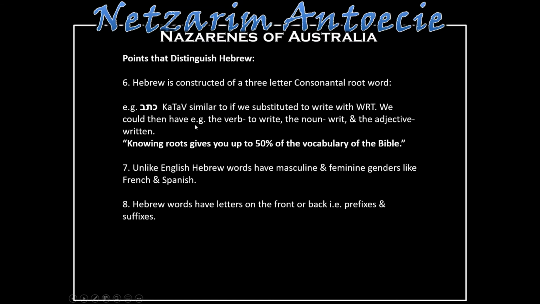We could then have, for example, the verb, to write, the noun writ, meaning a writ, and the adjective written. Knowing roots gives you up to 50% of the vocabulary of the Bible.